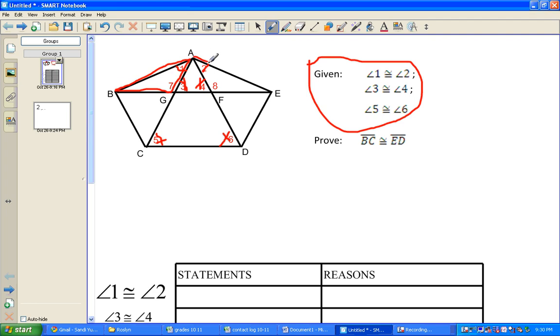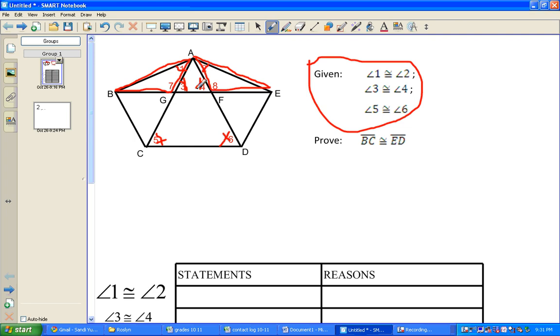That can be congruent to this triangle AEF. Now, once again, in order for us to prove those two triangles are congruent, we need three conditions. As you can see, we have the first condition already done, angle 1 and angle 2. We need to find out the second and third condition. How are we going to do that?